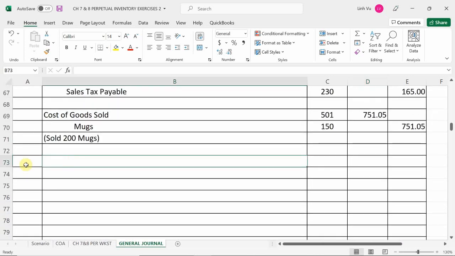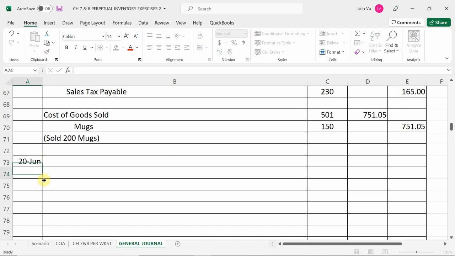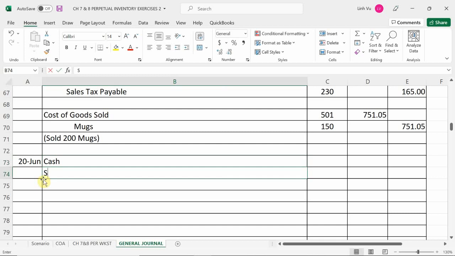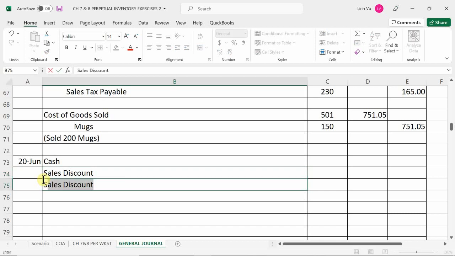Right? We're receiving cash. Okay. We are going to receive a sales discount. We're also giving back the sales tax. And we are reducing the accounts receivable because customer A is paying for what they owe me.